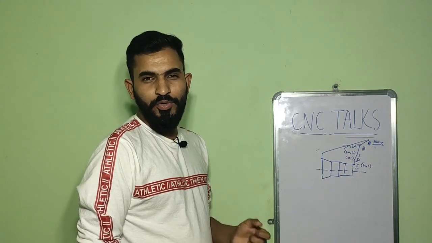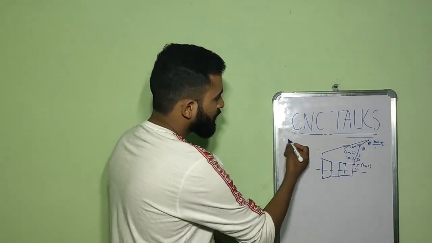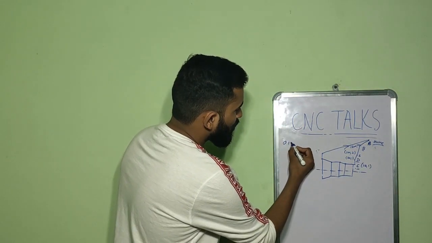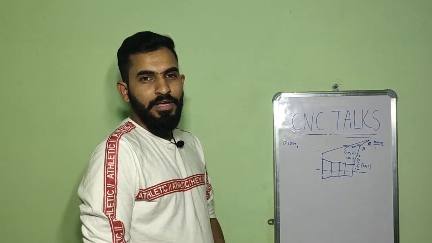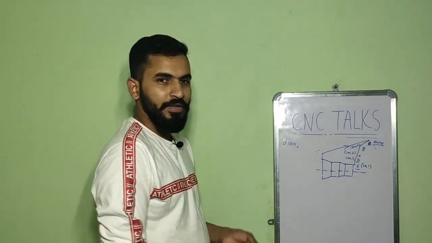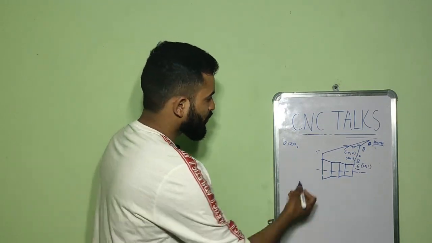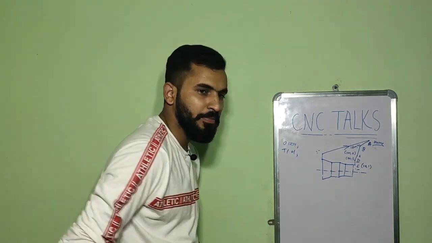So let's create a program for this component. Let's start with the program number. Let's suppose O1234 and end of block is our program number, and the first thing we need to do is to call our tool. Let's suppose T1 is our tool. To call the tool we can type T101.